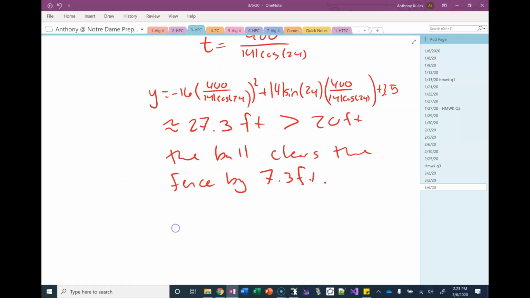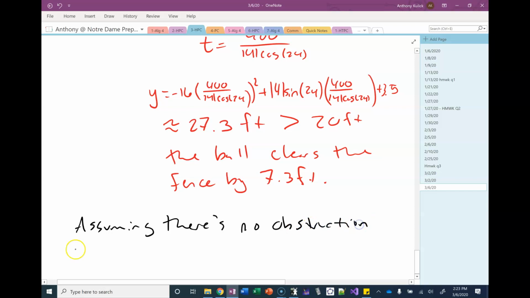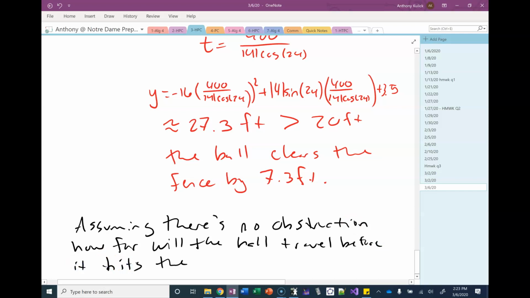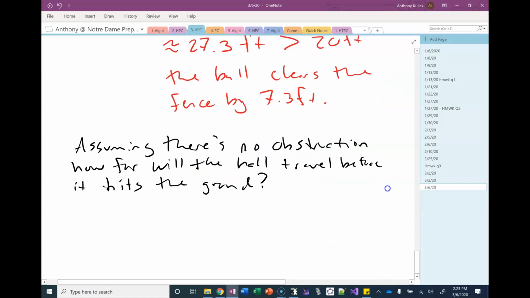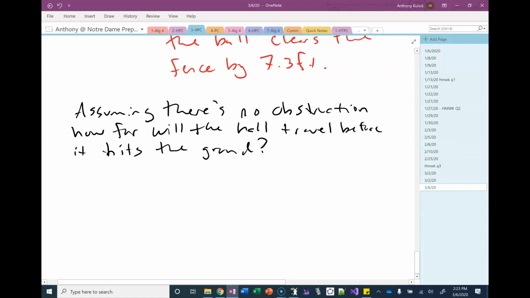Okay? What if we operate under the same situation and say, assuming there's no obstructions, how far will the ball travel before it hits the ground? So in this situation, what are we looking for, x or y?